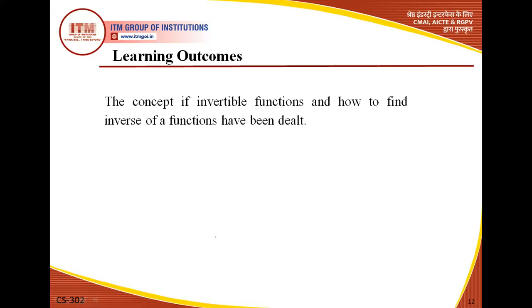What is the property of an inverse? The property of the inverse of a function is that it would give the identity function as the answer if you find the composition of both functions.